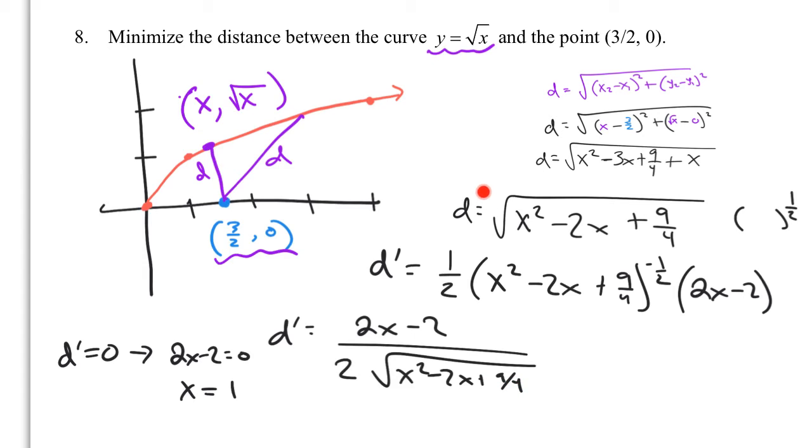That square root is the distance formula part, right? That's the same as the original distance formula. And think about what that distance is representing. It's on my picture, it's these purple lines. That purple line will never equal 0, right? Because that distance between 3/2 and the graph is always some distance. So the bottom's never going to equal 0. So my only critical number is x equals 1.